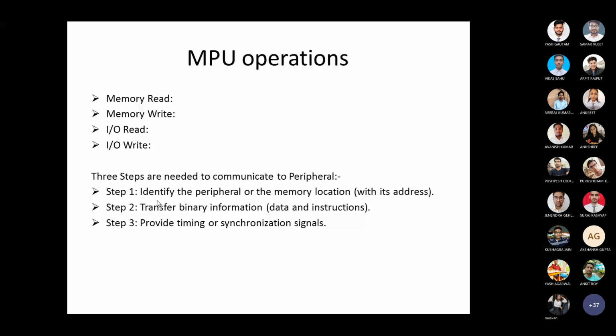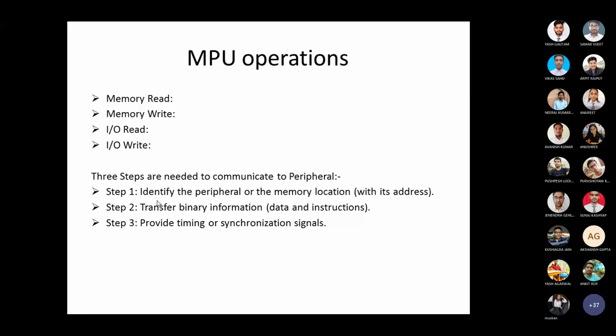Okay, so a particular address is given to the memory location, and when there is a signal of memory read, the available data at that memory location for which we have given the address will come out on the data lines.